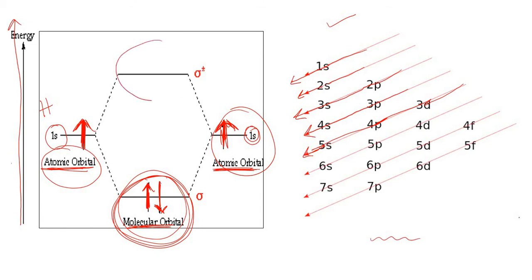The space above is empty; actually here we have to write an anti-bonding molecular orbital. Is it clear, students? You can ask me what this is: this is called a sigma bonding orbital, whereas this is called sigma star for the anti-bonding molecular orbital. Only sigma means the bonding molecular orbital, right? So this is a basic diagram for the molecular orbital.